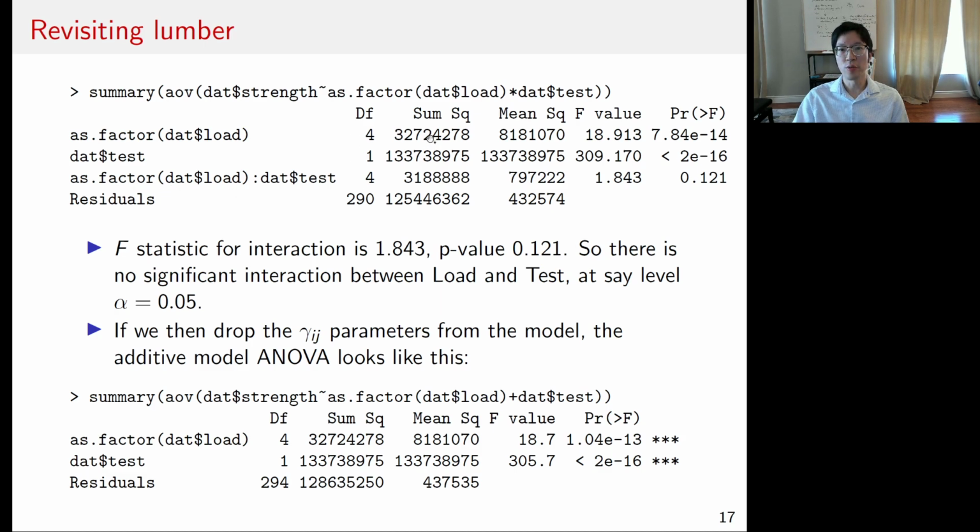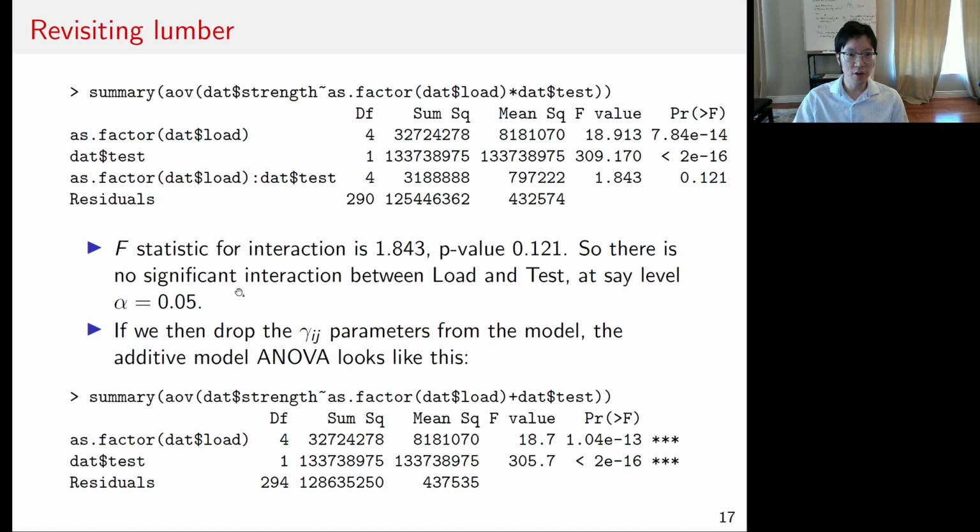That has the corresponding degrees of freedom, and we've seen this test before of the hypothesis of whether there's interaction between the load applied and which test is being used. The F value we got was 0.12, so the interaction is not significant at, say, the 5% level. In other words, the test we use and the load level applied don't significantly interact at level 0.05.